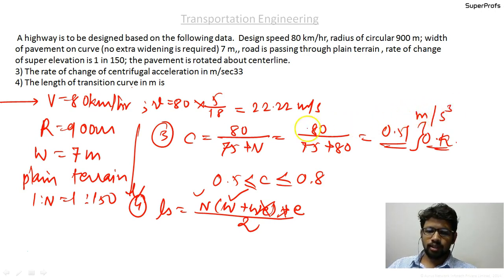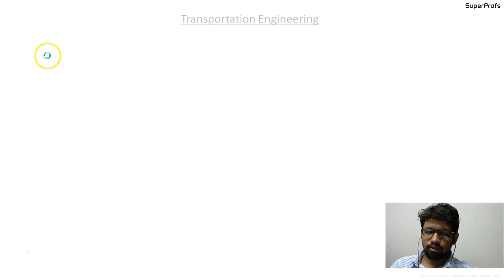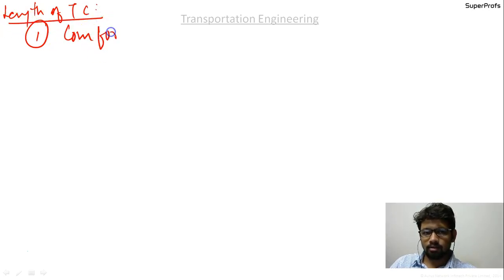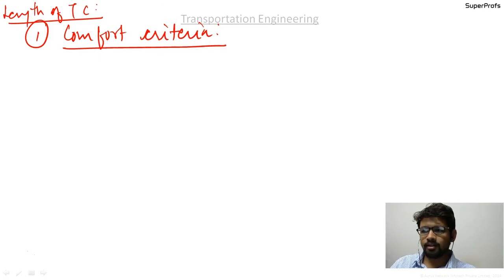Now let us move on to question number 4, that is, the length of transition curve in meters. The first criterion is the comfort criterion, also called the centrifugal criterion.